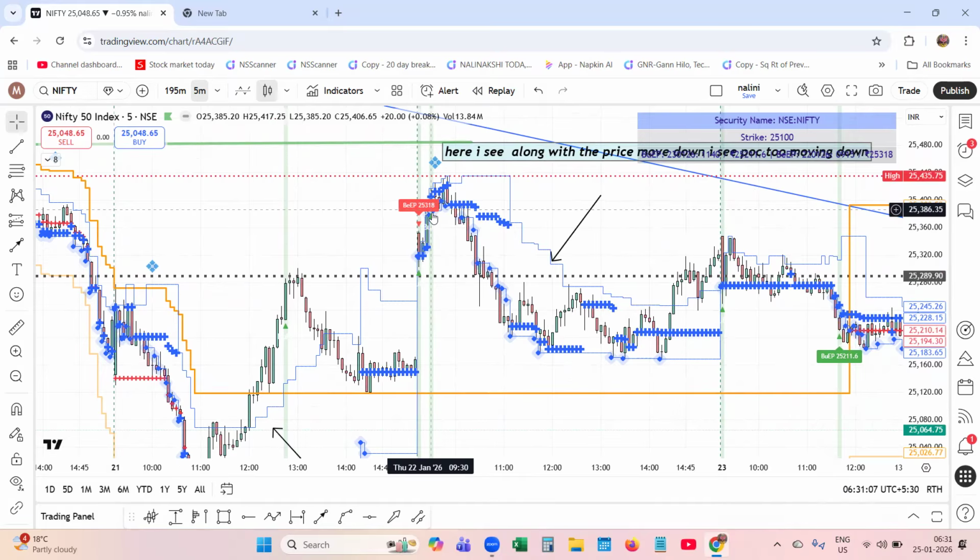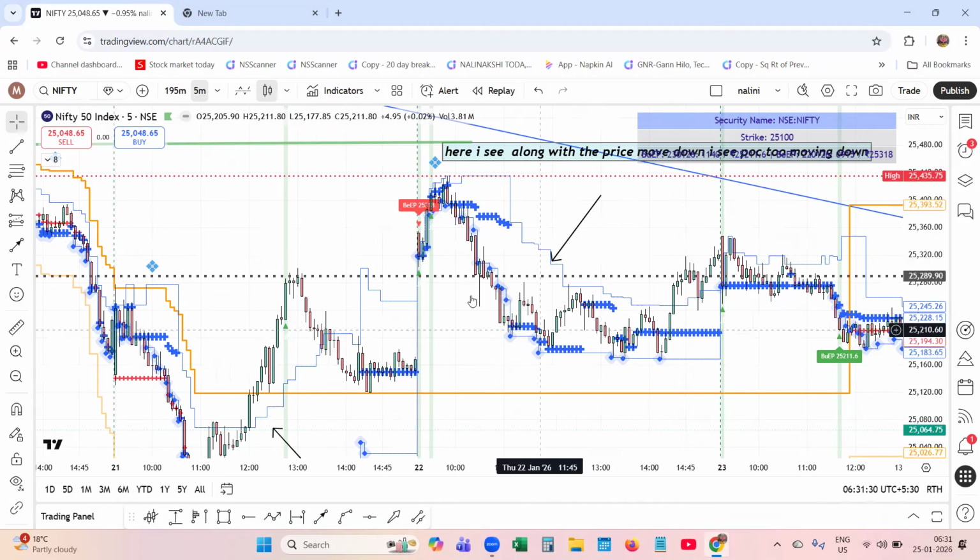Some people will go for put options, some people will go for call options. This is responsive trading by the retail traders. As a retail trader, I also get indulged in such action if there is no POC, if there is no indicator telling me what is happening here.